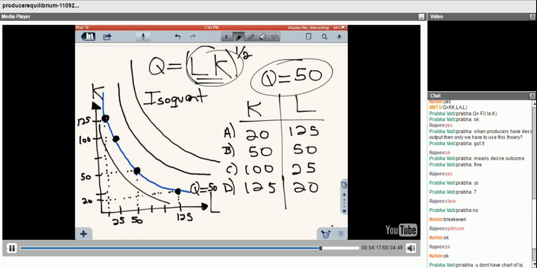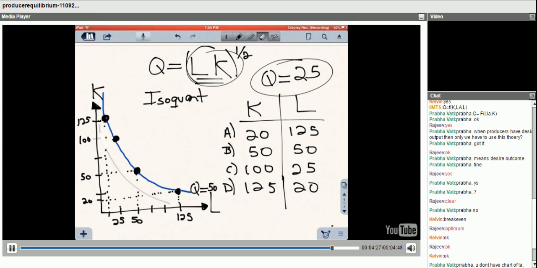What you can do is try to do the numbers again, and instead of 50 capital, try with 25. And just keep this curve in there, and solve for the same units of capital, but this time for output of 25, and see what you find out, and see if in fact the isoquant is going to move. It should move inside.